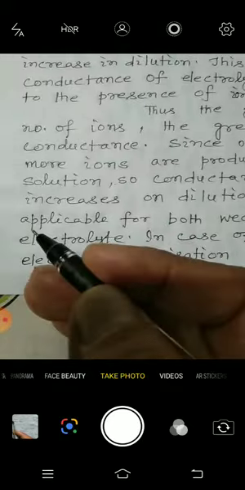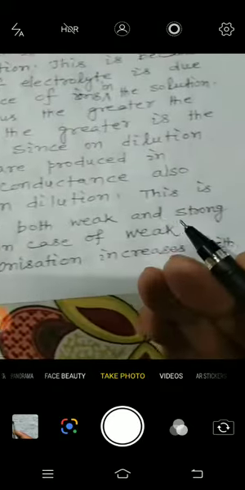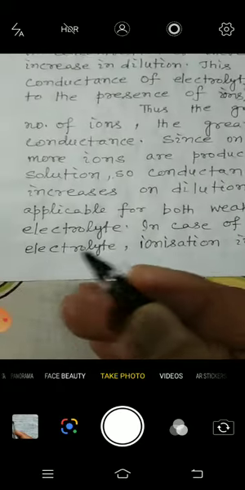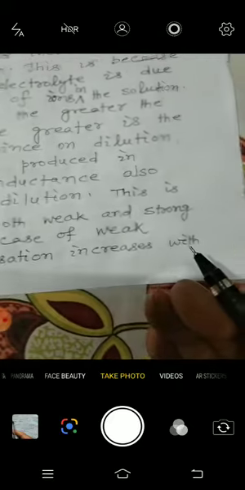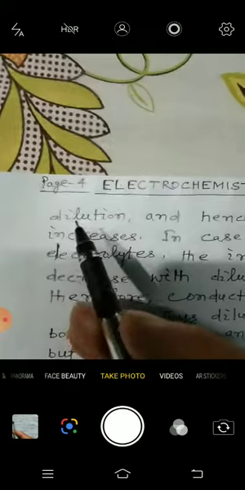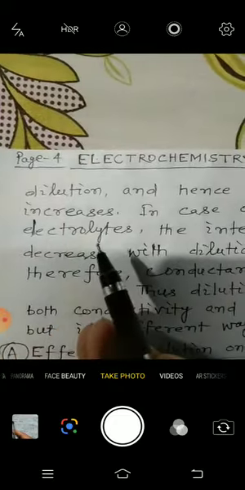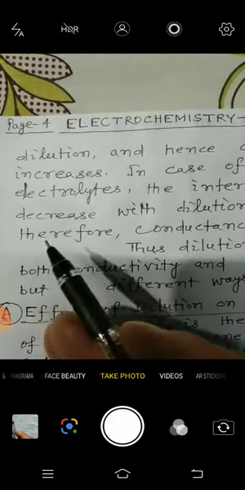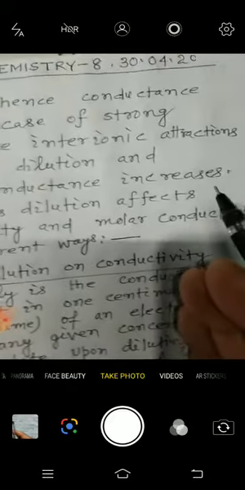This is applicable for both weak and strong electrolytes. In case of a weak electrolyte, ionization increases with dilution and hence conductance increases. In case of strong electrolytes, the interionic attractions decrease with dilution and therefore conductance increases.